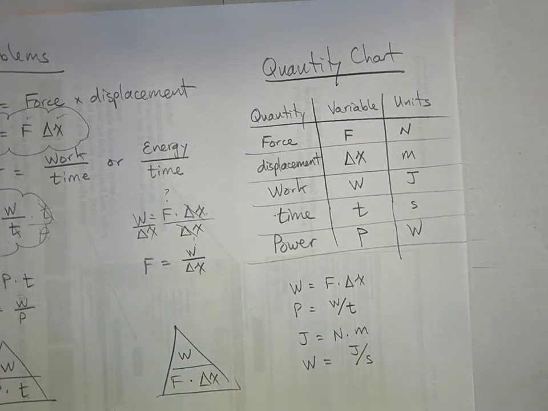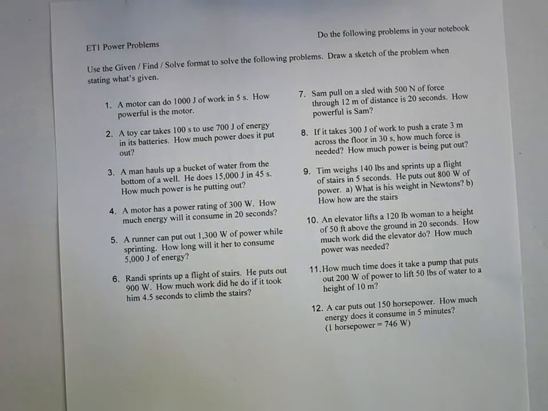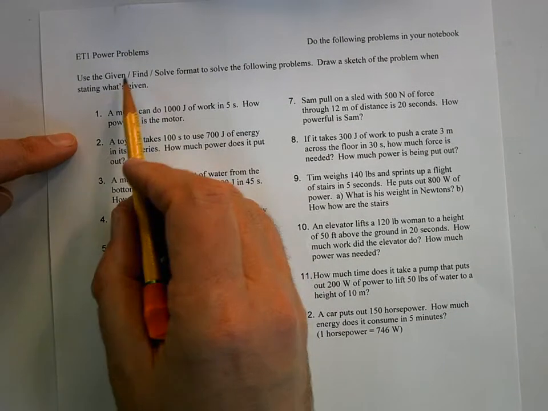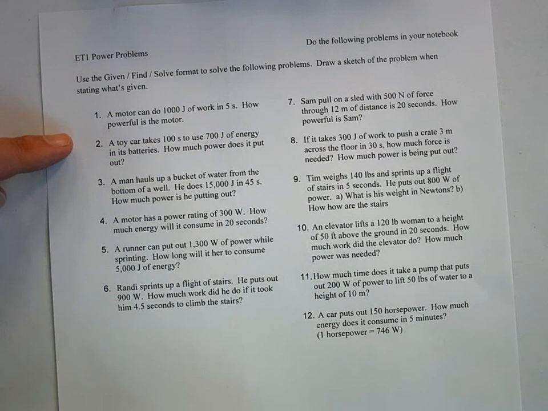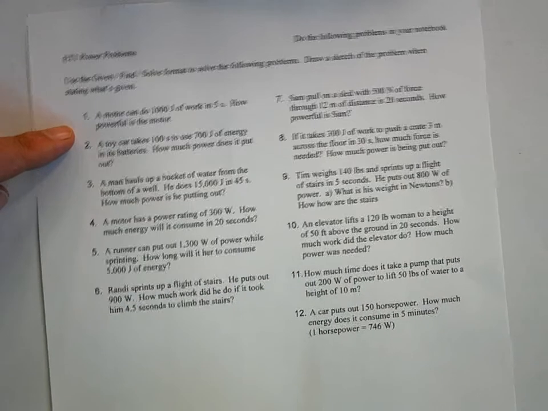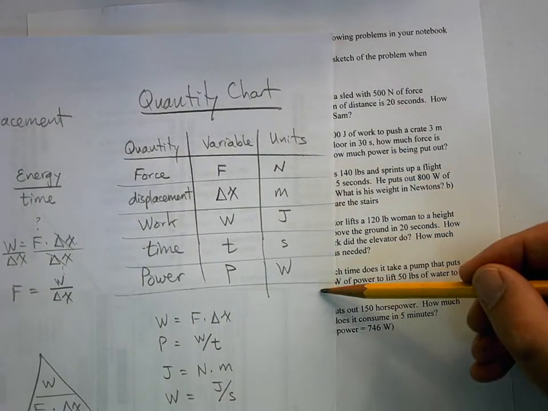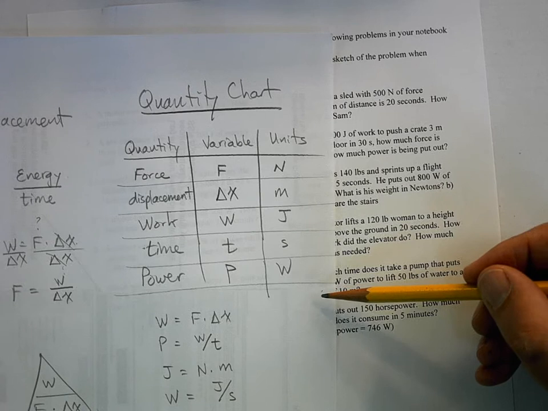Now when you solve these problems, I want you to use good technique. You don't have to copy down the problem, but you do have to use given, find, and solve. Then you have to check the units. Make sure everything is in these units. If it's not, you have to convert them to those units.